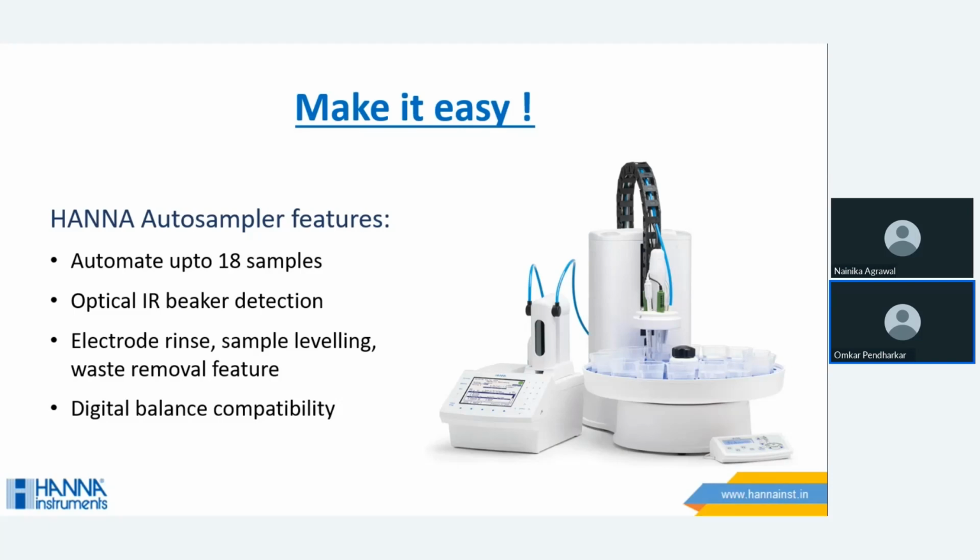In case of the sample leveling feature, the reagent addition for the particular sample analysis can be done by the auto sampler itself. Along with sample leveling, the waste removal feature is also there for the removal of waste solution from your sample beakers.